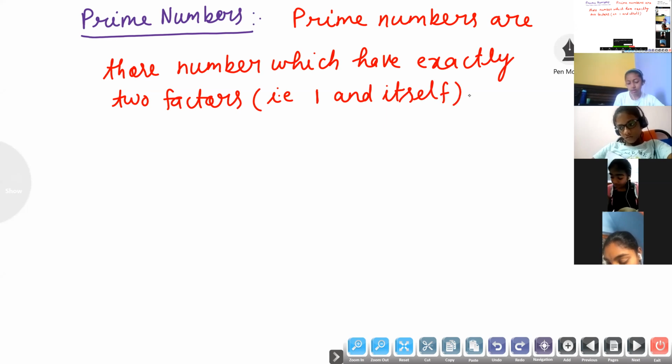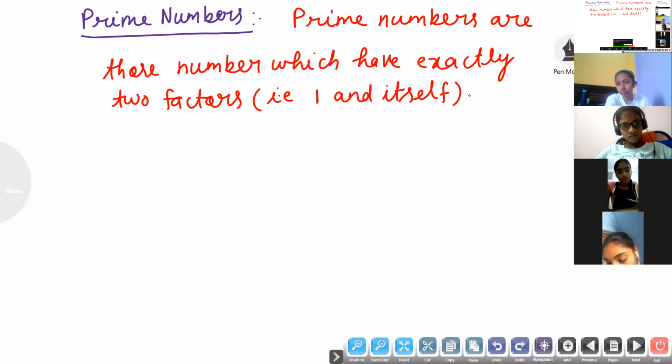What are prime numbers? Prime numbers are those numbers which have exactly two factors. In other way, I can say prime numbers are those numbers that will come in the one table and the same table. This is the second way.